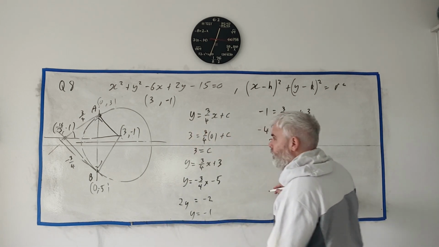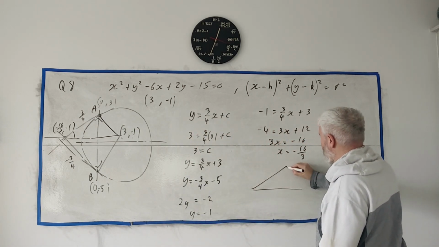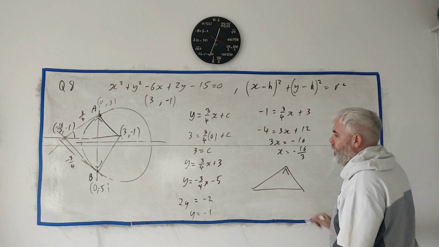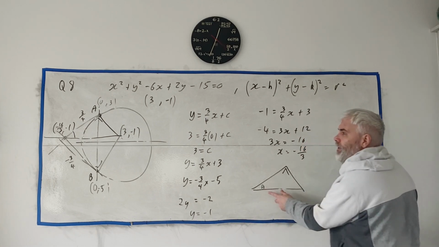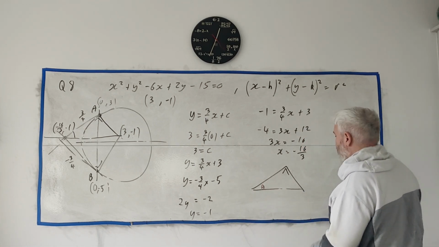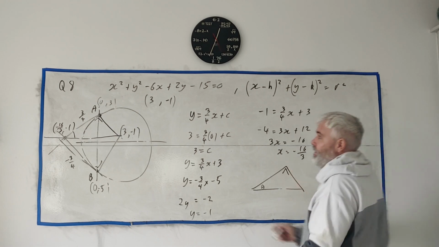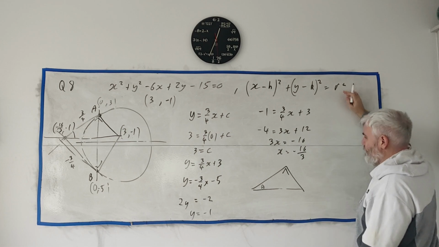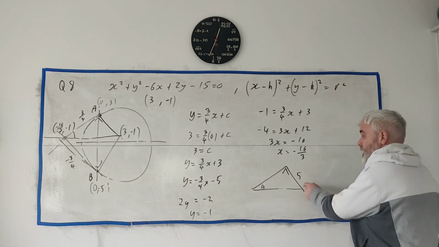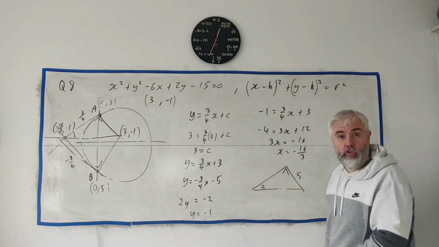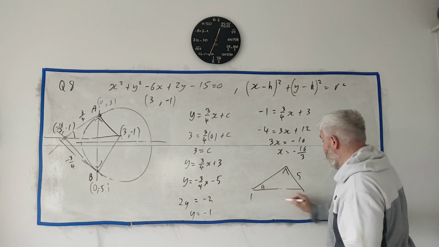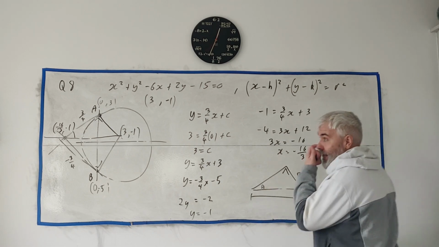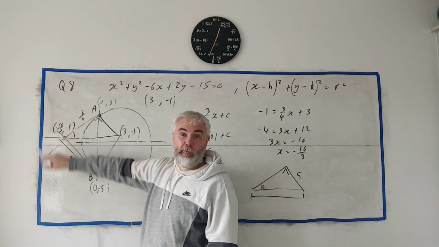If you had the angle, you could have got a triangle like this, right angle. You now know this angle in here, whatever it is, and you could get this length by the distance between these two. Or we did it over here, the r squared. So that was 5. 3 things: 1, 2, 3. You know 3 things about this? You could get this length here. And this length would tell you what this x number was.